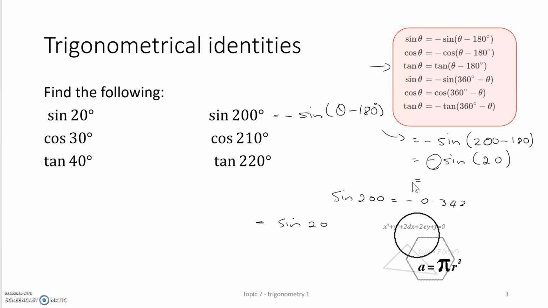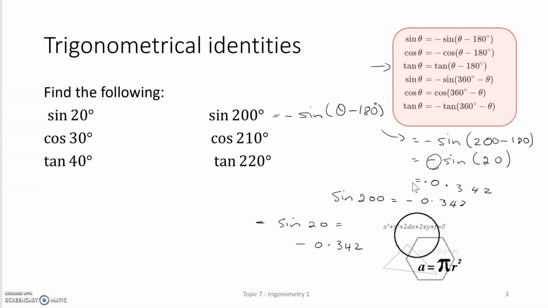Negative sine 20 is equal to the same number. I could put that in there. So yes, you could look them straight up on your calculator, but sometimes you may not have your calculator with you.